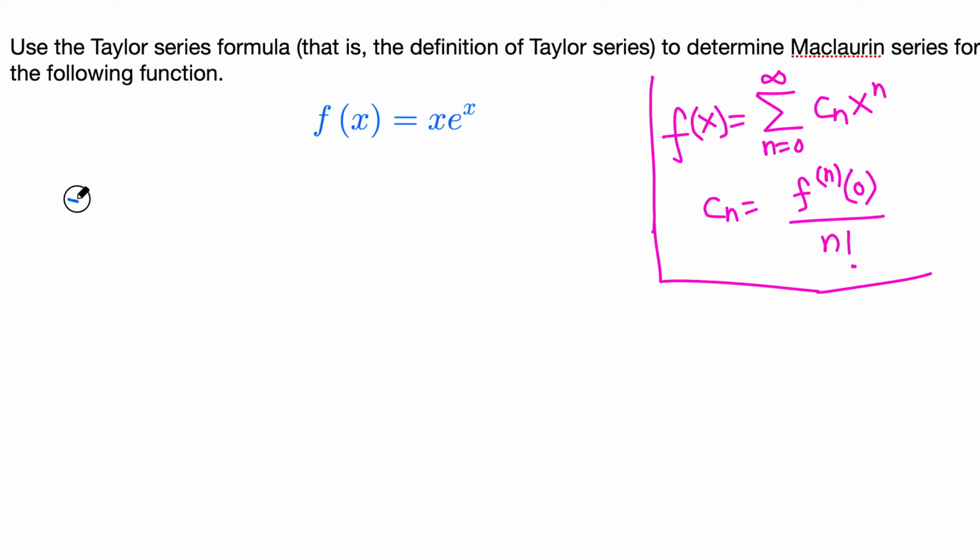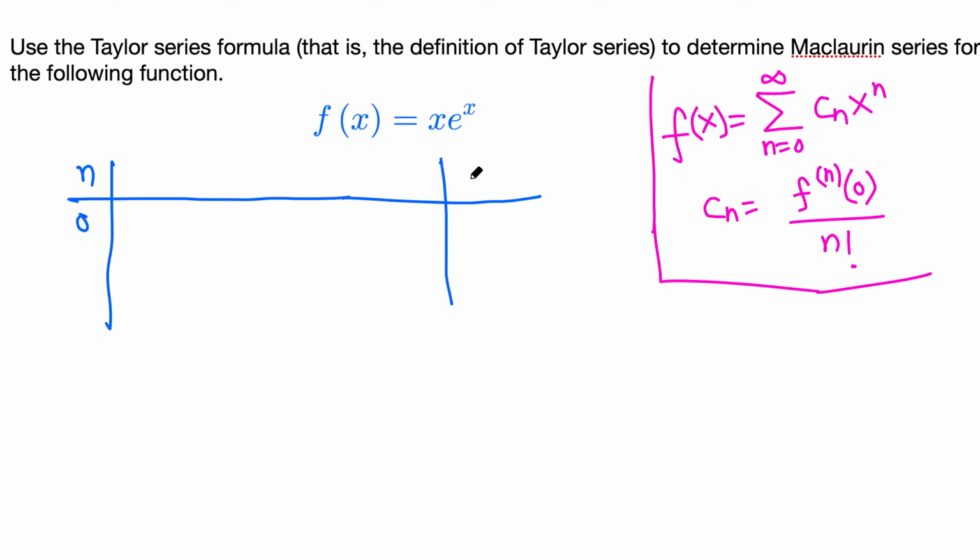Let me make a table of n values. The goal here is to find the Cn's. For n equals 0, we need to find the nth derivative of the function, which is the most important and complicated part, and we need to evaluate at the center, which is 0, Maclaurin.